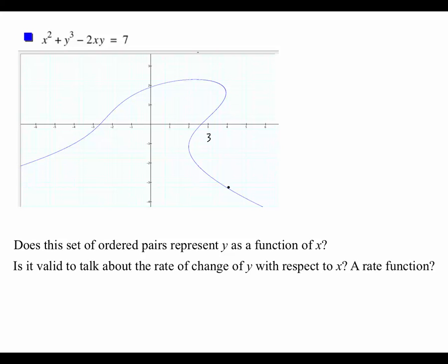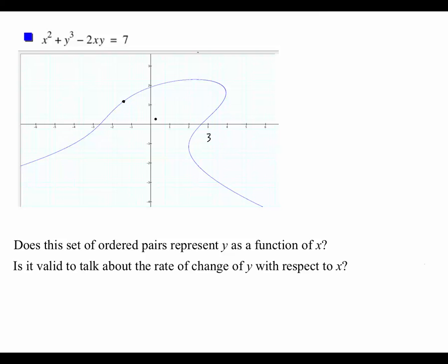Is it valid to talk about the rate of change of y with respect to x? We'll talk about that later. So y is not a function of x, but is it valid to talk about the rate of change of y with respect to x? Say I pick a point right here.